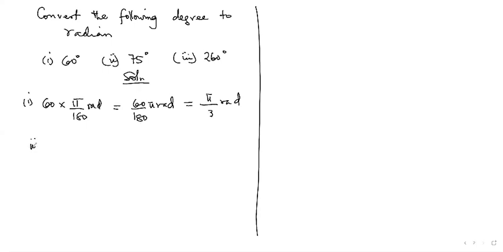The second example, if you have 75 degrees, you multiply by pi over 180 radian. You ask yourself, how many times will 5 go into 75? That'll be 15.